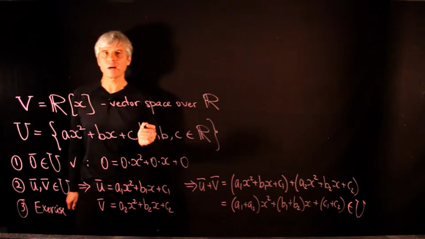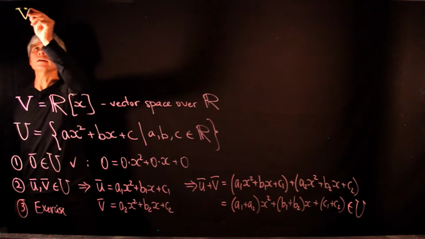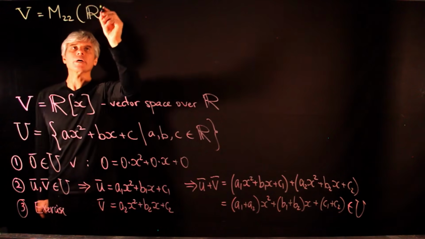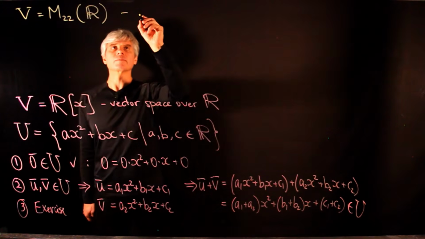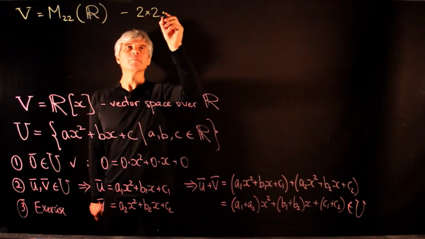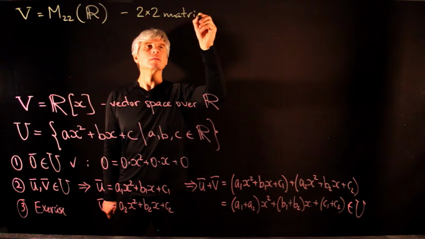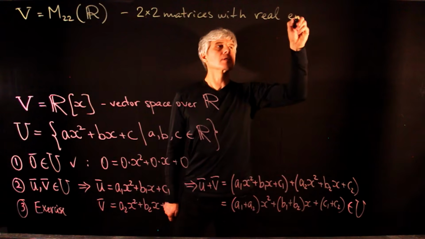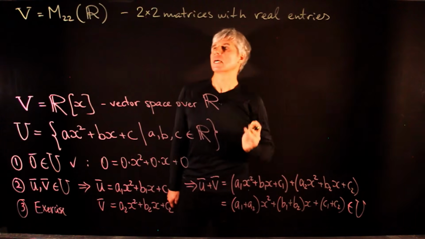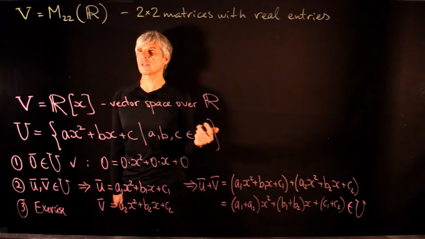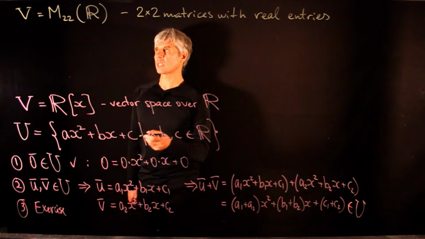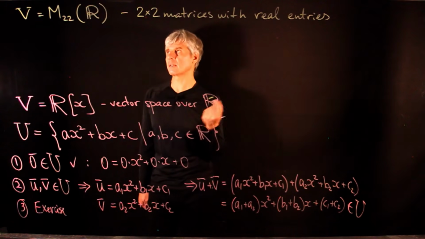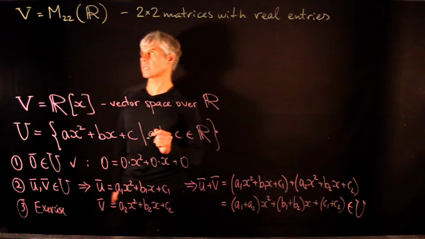For our next example, we take V to be the space of 2 by 2 matrices with real entries. We saw in the last lecture that this is a vector space because we can define addition of matrices component-wise, and same with scalar multiplication of matrices.